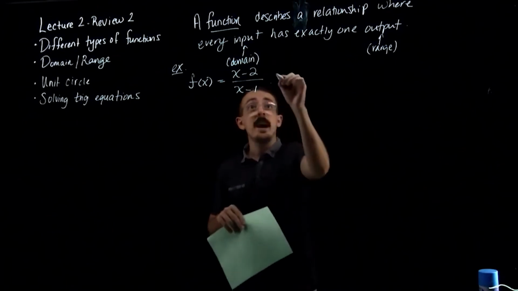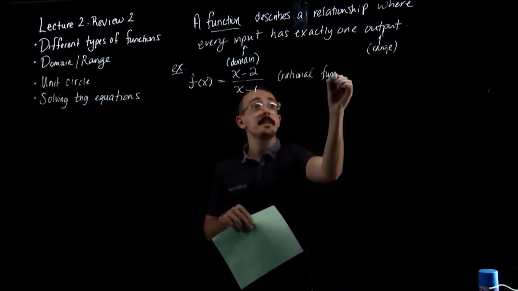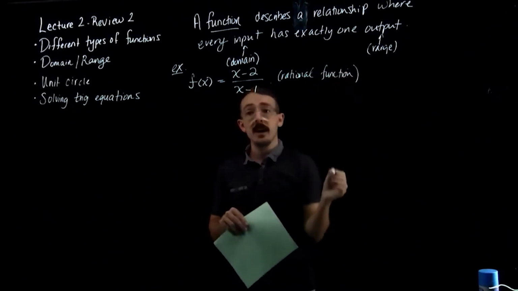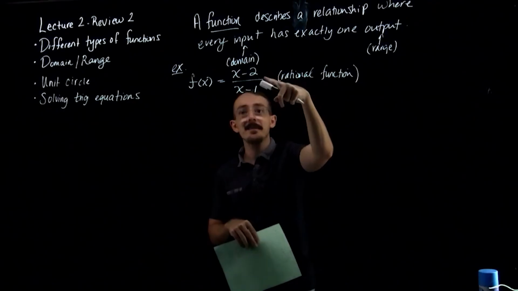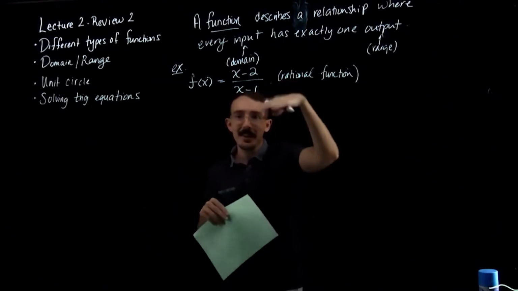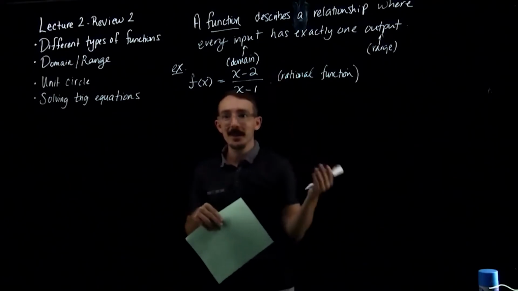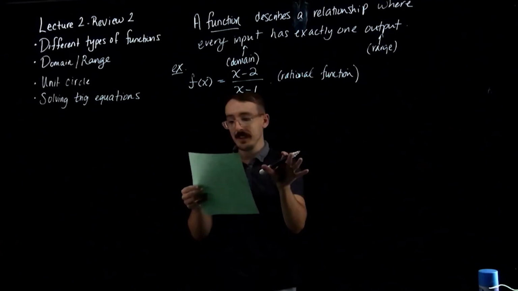We say that this is a rational function. So this is a particular type of function. We know it's rational because it is a polynomial divided by another polynomial. So a rational just means you have a ratio of two polynomials. Let's talk about the domain and range of this.